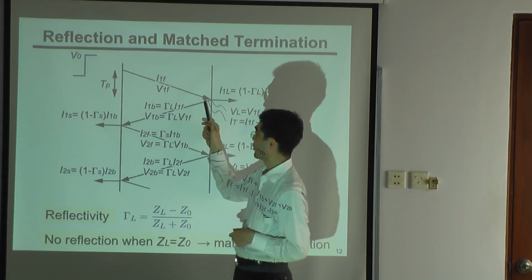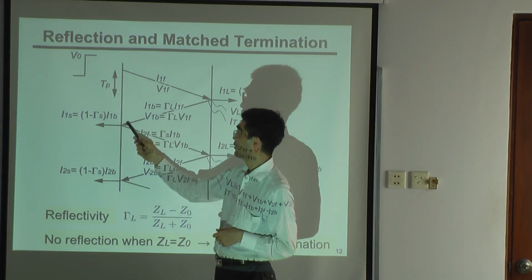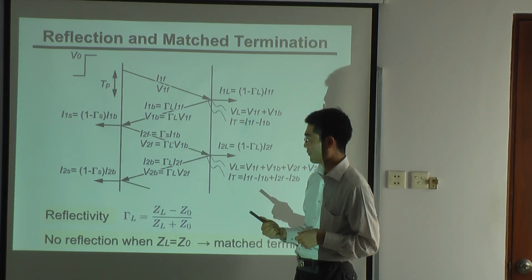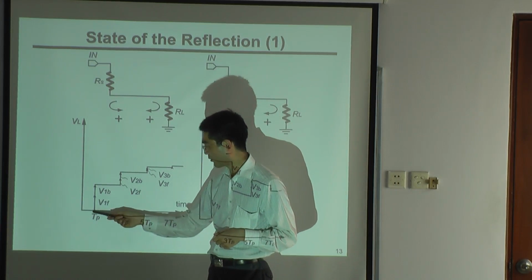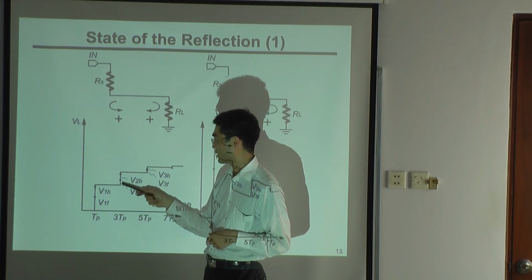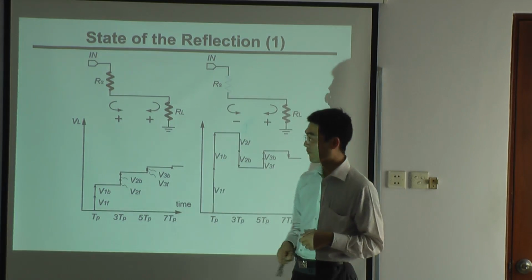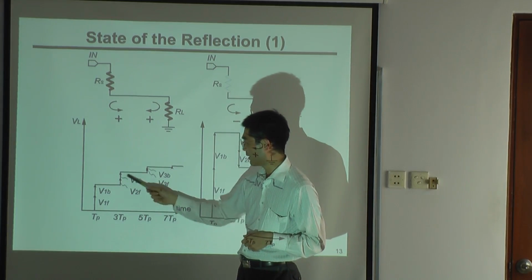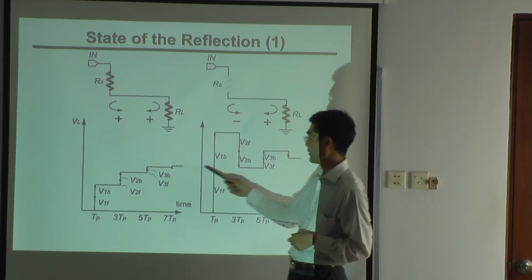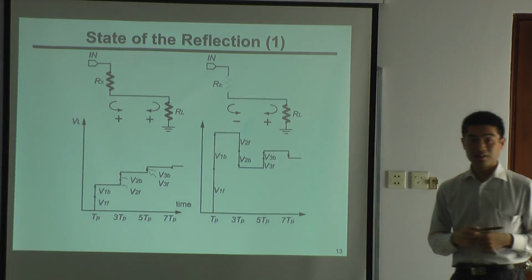After this backward going wave, it takes 2 TP to come back, and that voltage is added. And then after 2 TP, add up and add up and add up. And finally, getting into the steady state.